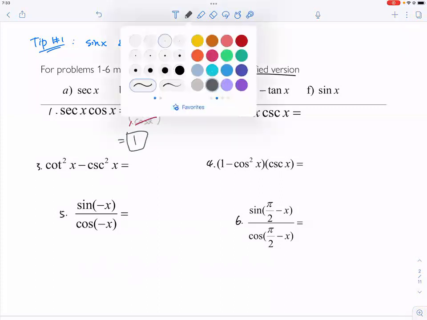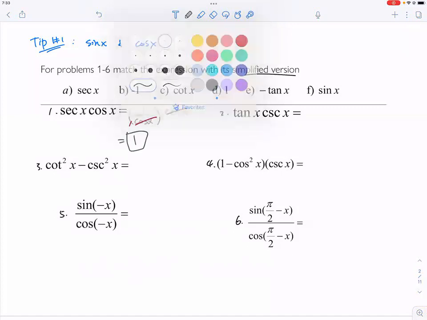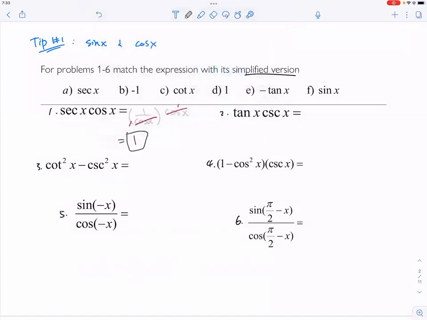And then we say, well, okay, what about number 2? Well, my mental math tells me the tangent is sine x over cosine x. And then what's cosecant x? Cosecant x is 1 over sine x, right? So mental math would allow you to see something like this.